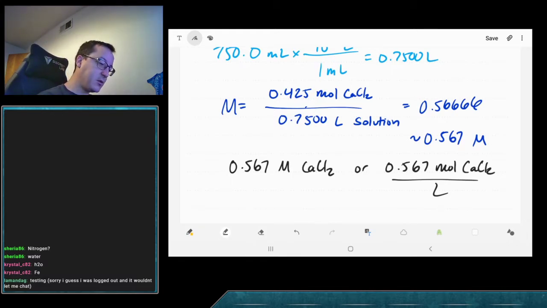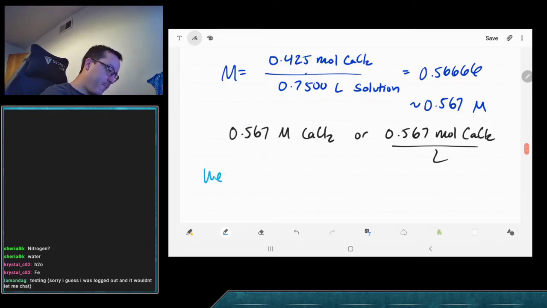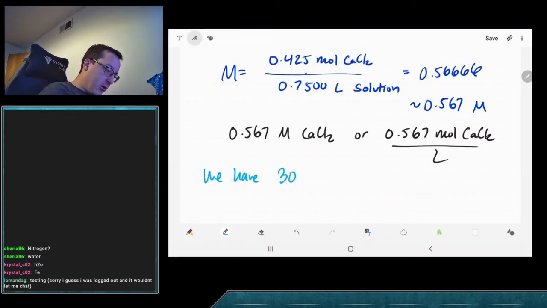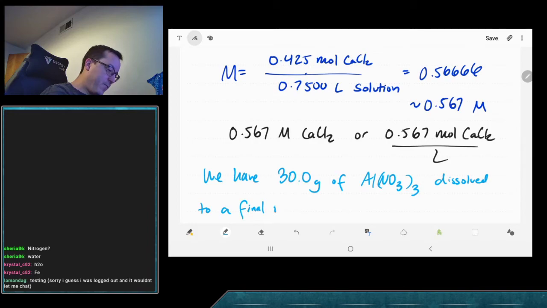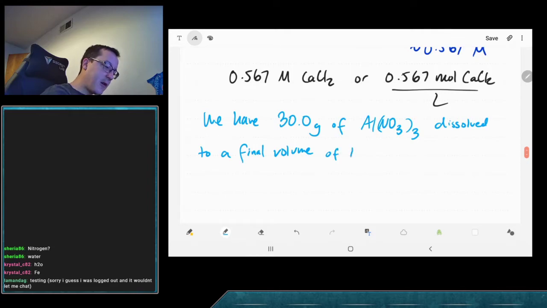So if we want to try another one, let's say now we have 30 grams of aluminum nitrate dissolved to a final volume of 100 mL.